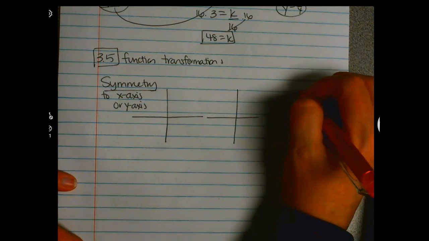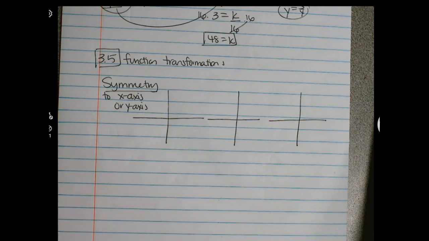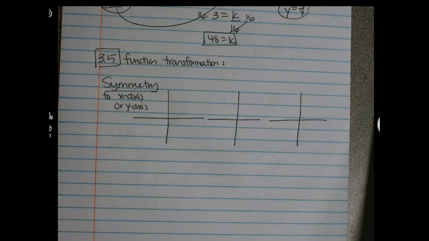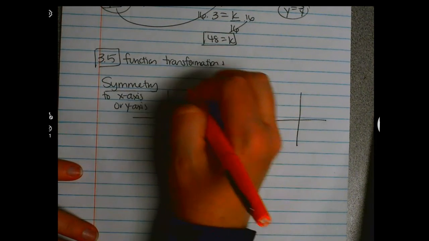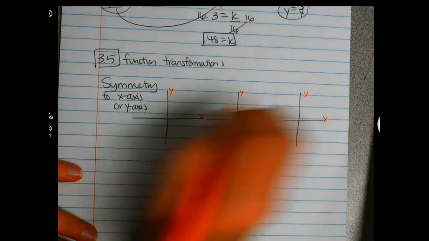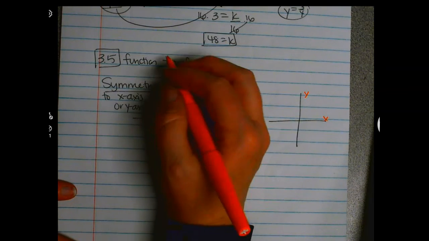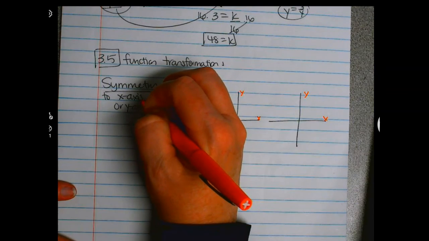So I have 3 cases here. I'm drawing 3 axes. Obviously, they're all like x and y, but I'm going to name them different stuff. Okay, so here we go. This first one, let's pretend it looks like this.